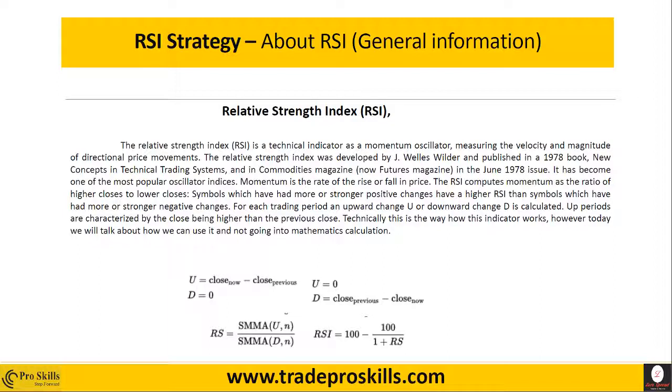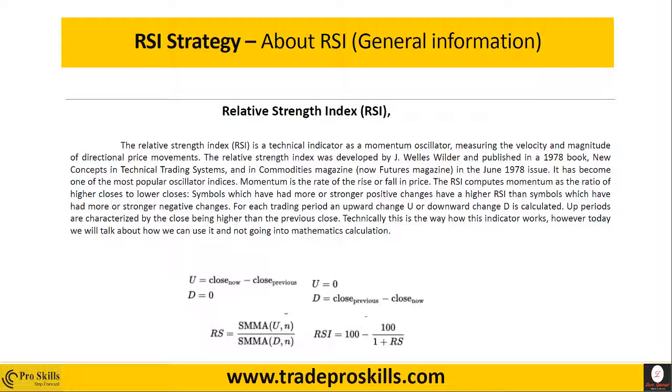The relative strength index was developed by J. Welles Wilder and published in 1978 in the book New Concepts in Technical Trading Systems, and in Commodities Magazine, now called Futures Magazine, in the June 1978 issue. It has become one of the most popular oscillator indices.